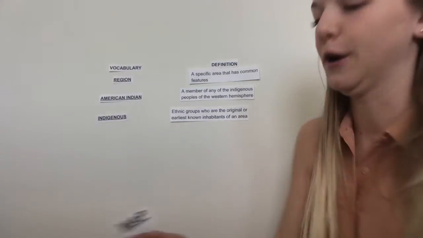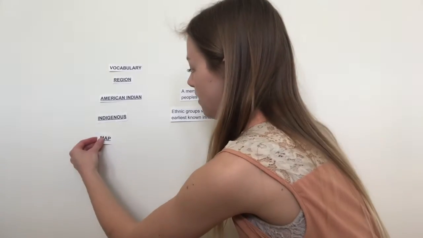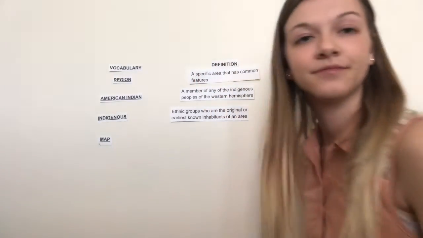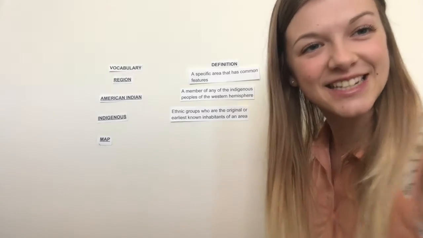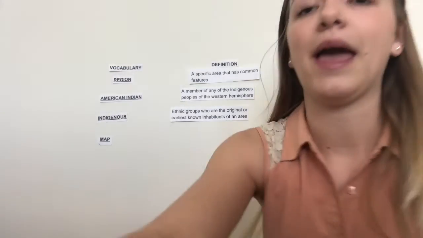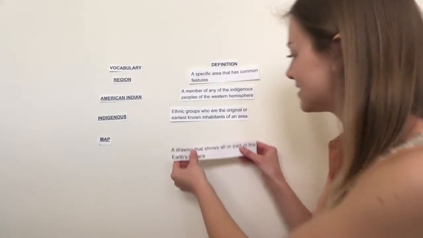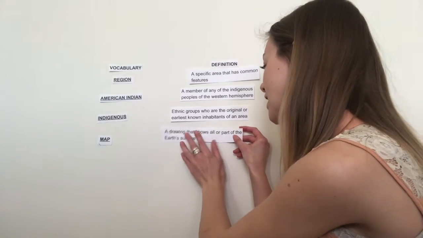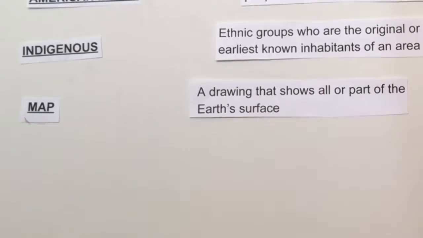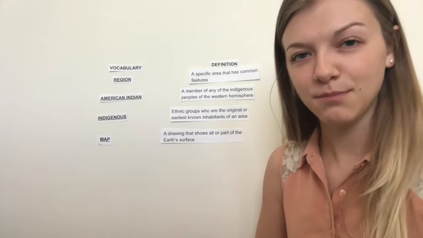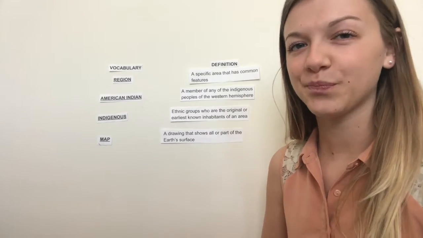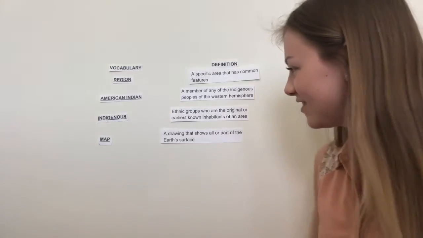So the 4th term is map. Just map. It's pretty easy to say. So a map is defined as a drawing that shows all or part of the Earth's surface. You guys have probably seen maps before, but here's the specific definition.